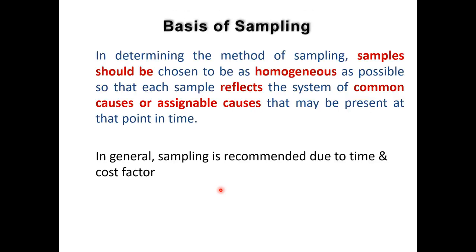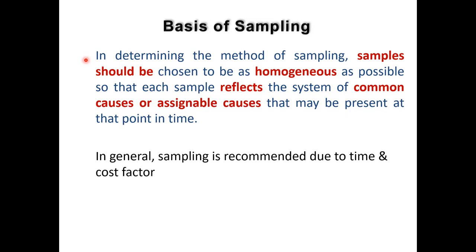So we come back to the basis of sampling. In determining the method of sampling, samples should be chosen to be as homogeneous as possible, so that each sample reflects the system of common or assignable causes which is present at that point of time.